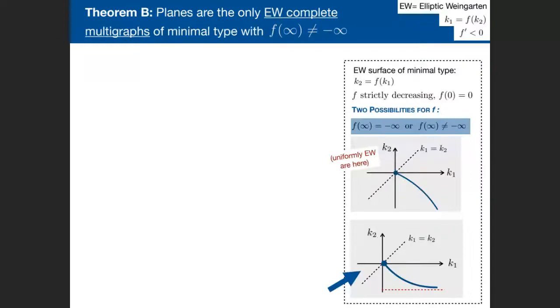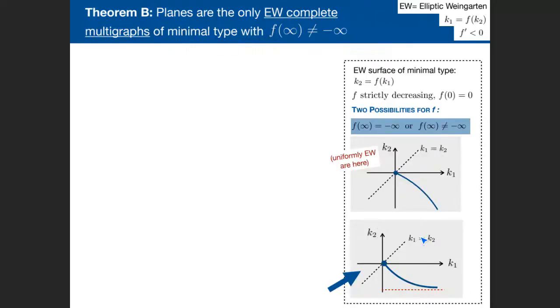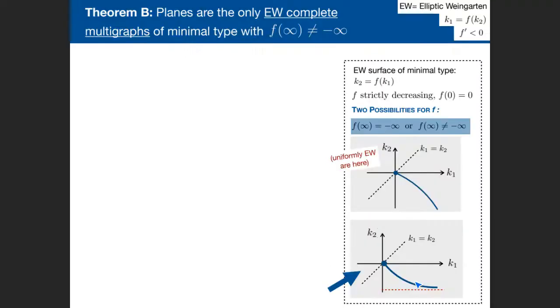Theorem B is that planes are the only elliptic Weingarten complete multigraphs of minimal type and with bounded f. Here f is the function defining the Weingarten relation. Remember that we have two different behaviors for the function f, up to reversing the orientation: either it is bounded at infinity or it is not.